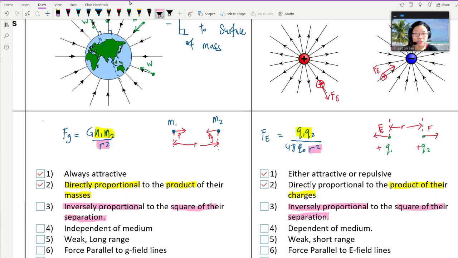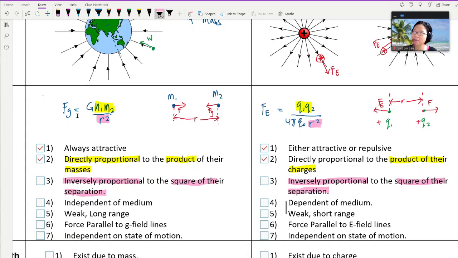So here is where they begin to differ, besides the attractive and repulsive part. Does the magnitude of the force depend on where the object is? For example, will this gravitational force change if I submerge the planet and moon inside a liquid? Will the gravitational attraction change if the planet and the moon are not in vacuum?